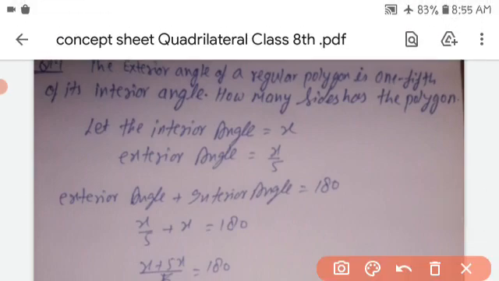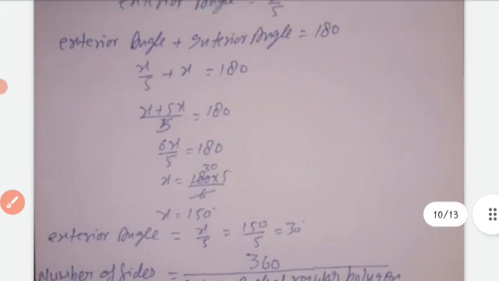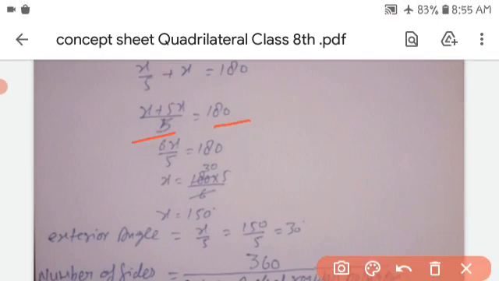Question 14. The exterior angle of a regular polygon is 1/5 of its interior angle. How many sides has the polygon? Let the interior angle be x, so the exterior angle is x by 5. Exterior angle plus interior angle equals 180. x by 5 plus x equals 180. x plus 5x upon 5 is equal to 180. 6x upon 5 equals 180. x equals 180 into 5 upon 6, which is 150.